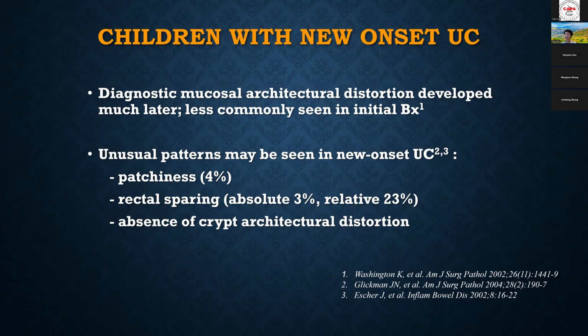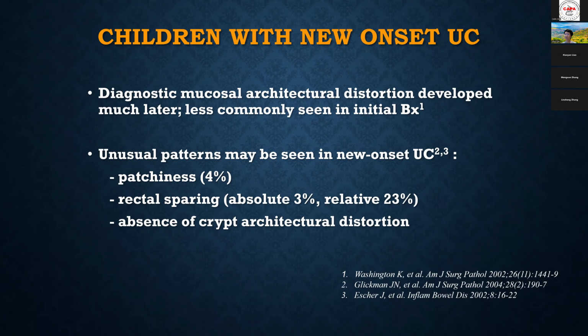For pediatric patients, we have to pay special attention, because their changes can be very subtle, and you may not see architectural distortion. The reason is two things. One is that pediatric patients may see a doctor earlier, because when a kid has 2 weeks of diarrhea, the parents will bring the patient to see a doctor and do a colonoscopy.